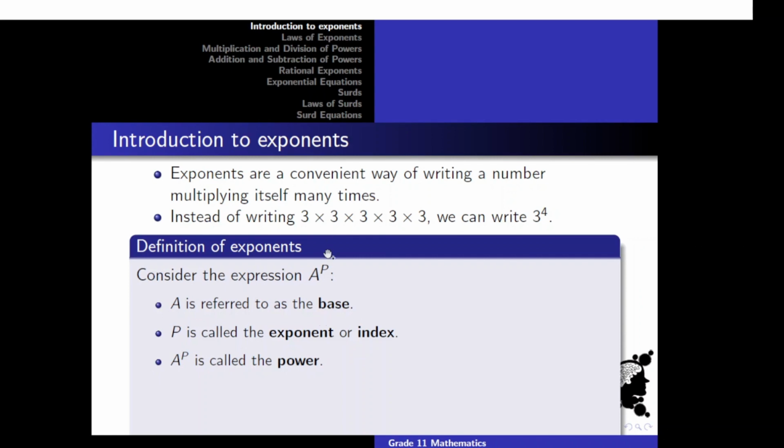The exponent is the little number at the top, and the power consists of everything in that specific term. As we've said here, a to the power p is the same as saying a times a times a times a. We're multiplying a by itself p times. I hope that this makes sense. This is just the basic concept so that we all understand what exponents are, what their uses are, and what problem they aim to solve.